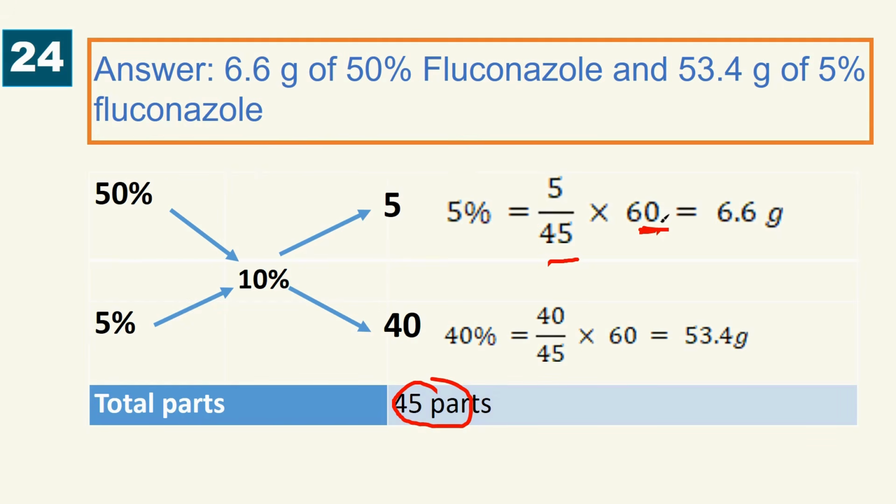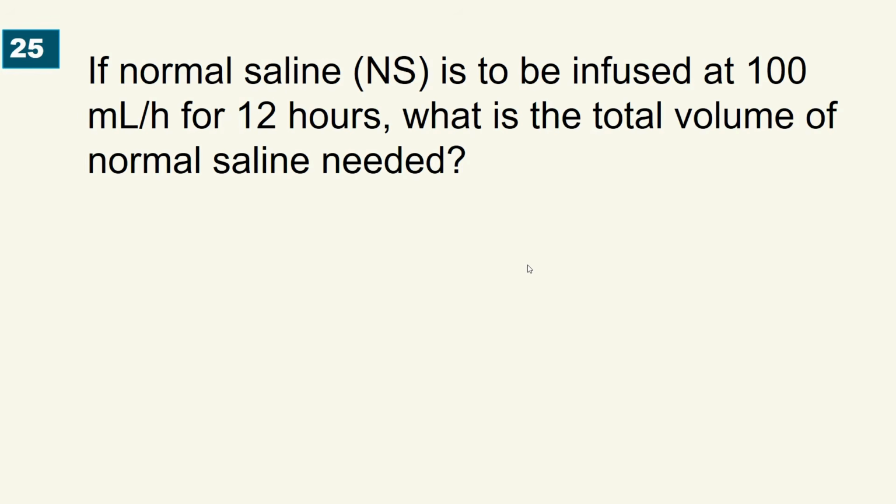And then for the other, you take 40 divided by 45, multiplied by 60 grams, it gives you 53.4 grams. So this method is the alligation method. Generally it is used for 2 or more than 2 mixtures of ointments or creams.